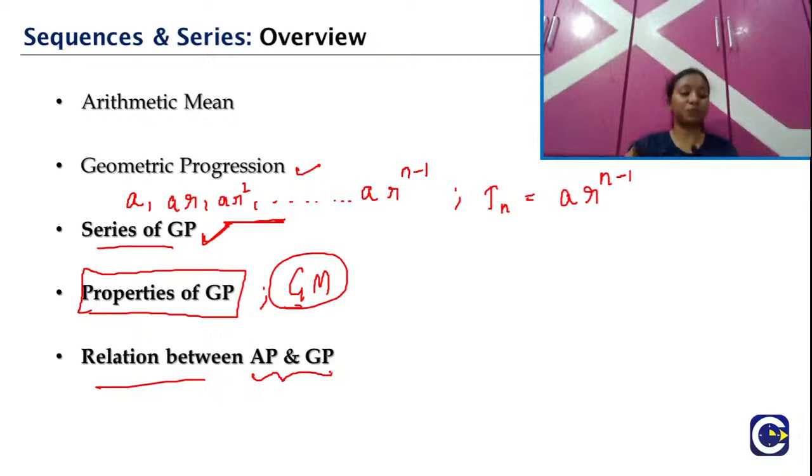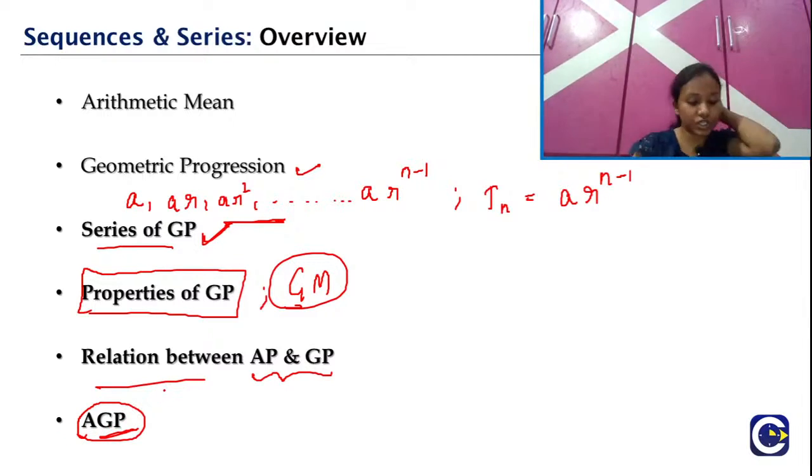Then we are going to discuss AGP, which is a combination of arithmetic progression and geometric progression, called the arithmetic geometric progression. First, we are going to start with the series of GP.